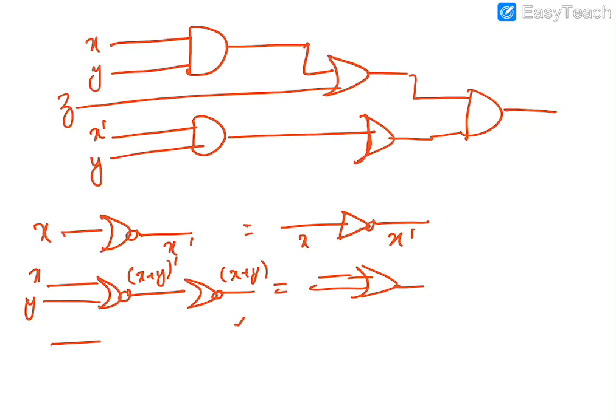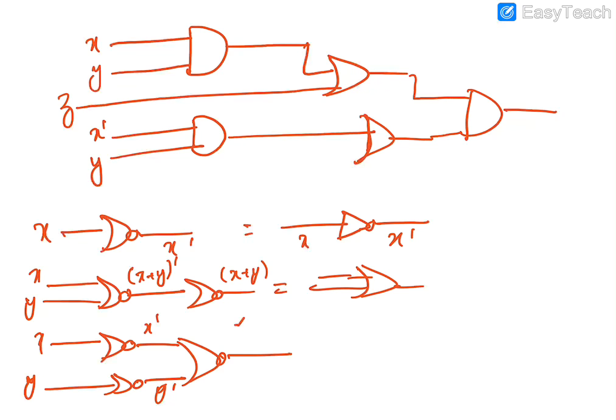Similarly, for AND, we will use three NOR gates. This is x prime, this is y prime, this is x prime plus y prime whole prime. This will be equal to x dot y. Simply an AND gate.